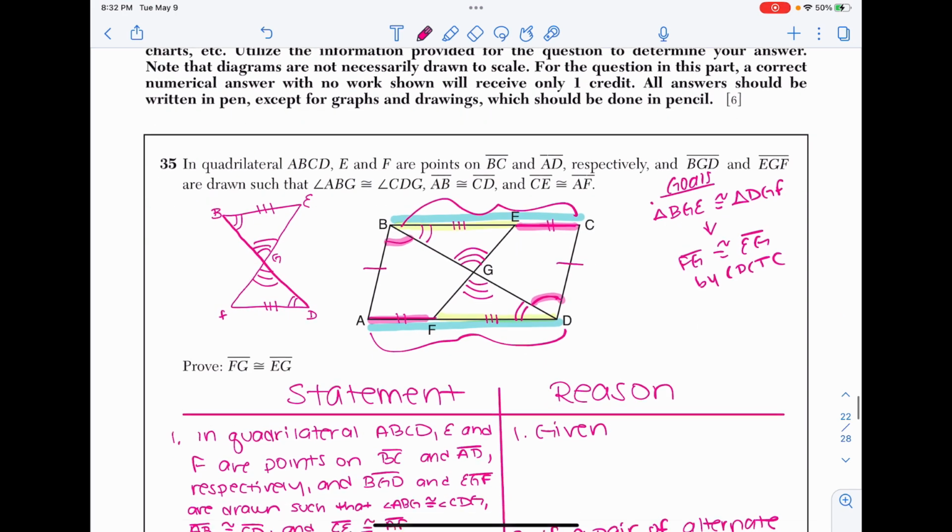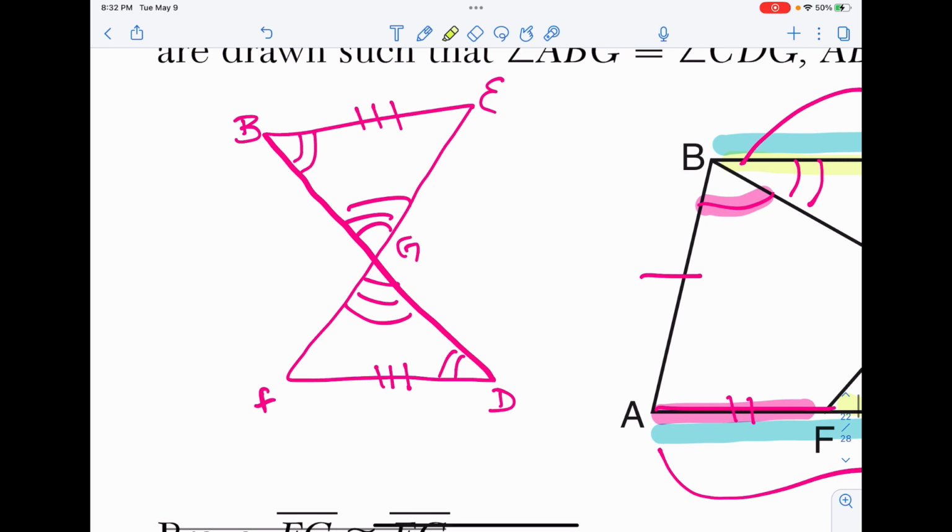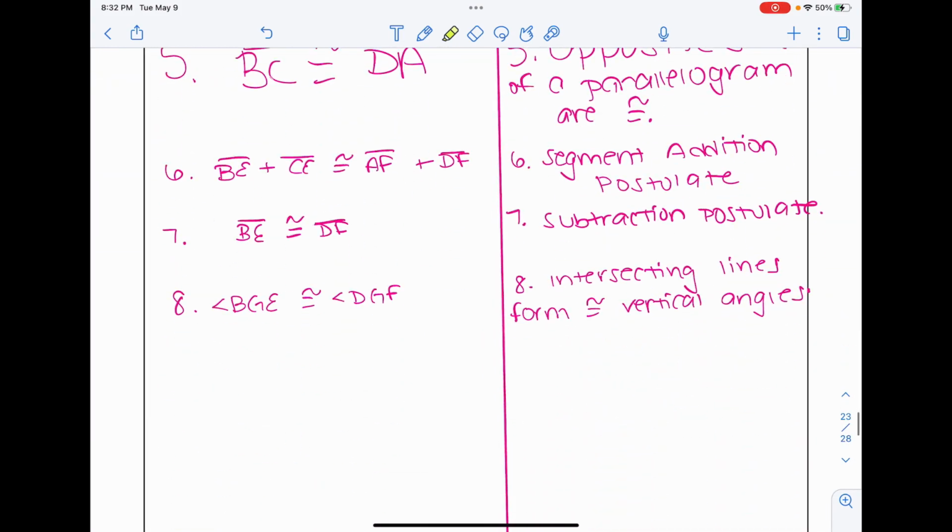And now let's go to our goals that we set in the beginning. We said we want to prove the two triangles are congruent, that way we can use CPCTC. Now I have enough in my little picture here to show these two triangles are congruent, and they're going to be congruent by angle, angle, side. And then we can use CPCTC to finish off the proof.